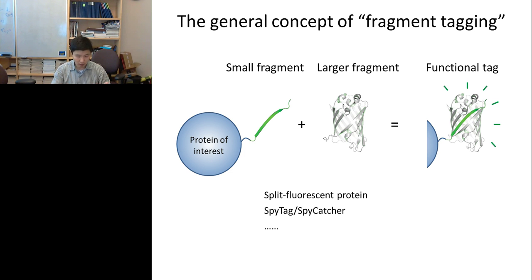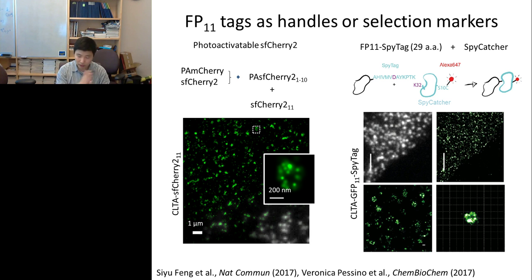For example, we can use this to create photoactivatable fluorescent tags. In this case, we merge the 6 mutations that convert mCherry into PA-mCherry, and our mutations converting mCherry into superphoto cherry 2. That creates the photoactivatable superphoto cherry 1 to 10 fragment. It shares the same 11 fragment with SF cherry 211.